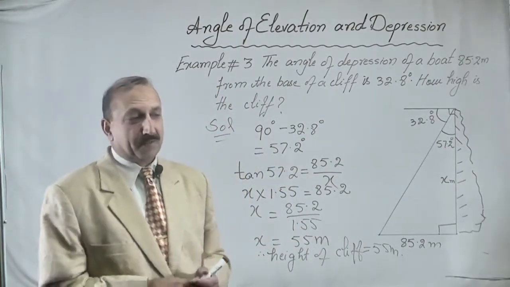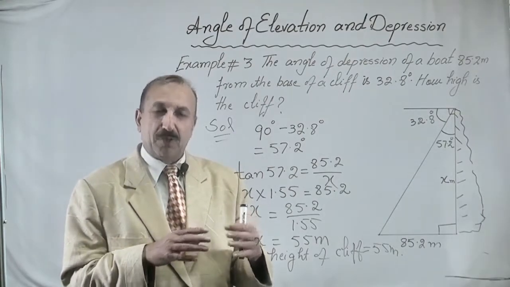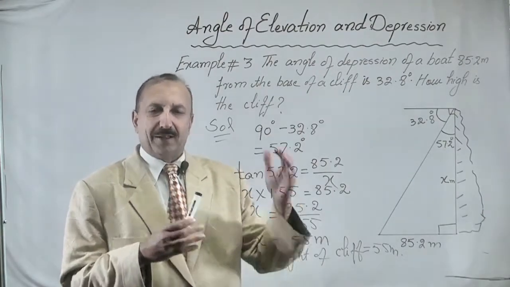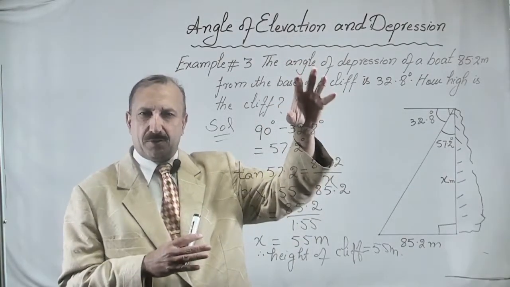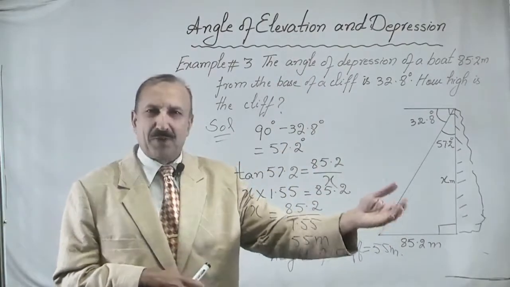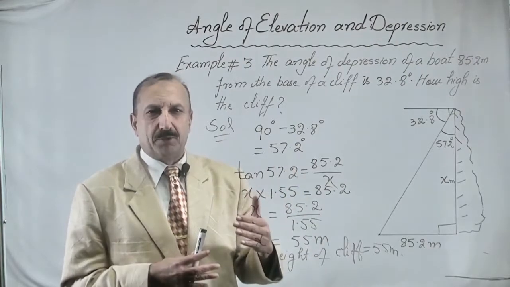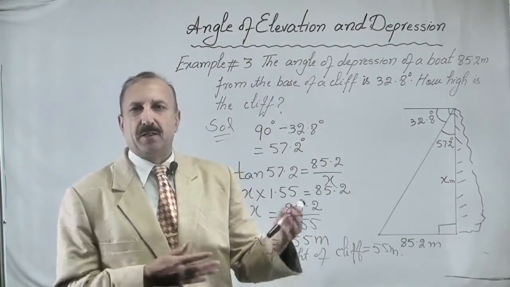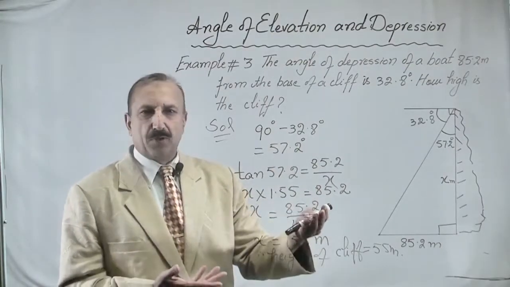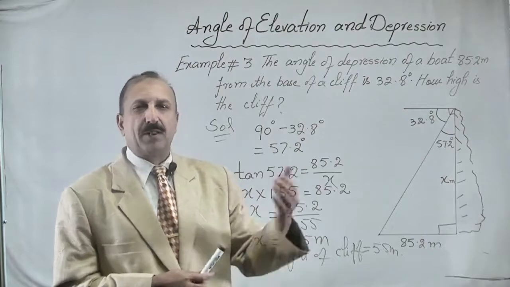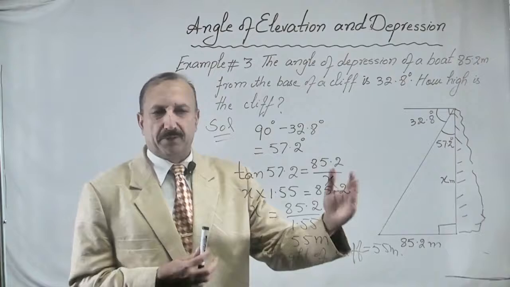So my dear students, with the practice of a few examples, you can see what we are doing: analyzing the word problem, picking the given information, utilizing it to develop the picture, labeling it, and then with the help of trigonometric ratios, we are finding unknown angles, might be the angle of elevation, might be the angle of depression, or using them to find the height or any length of any figure.